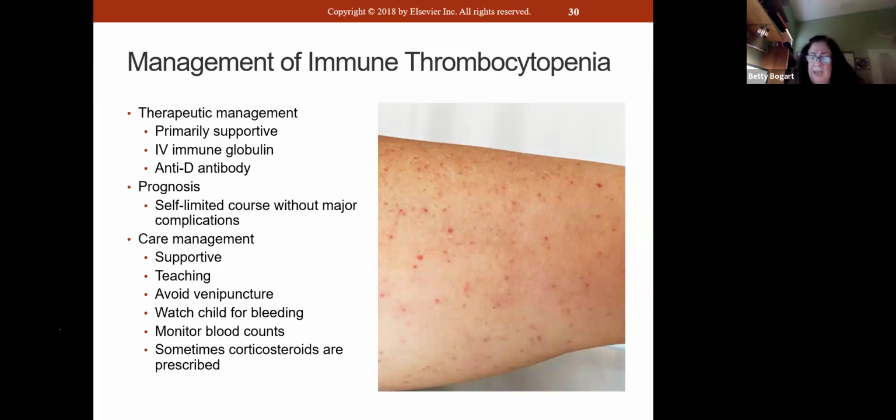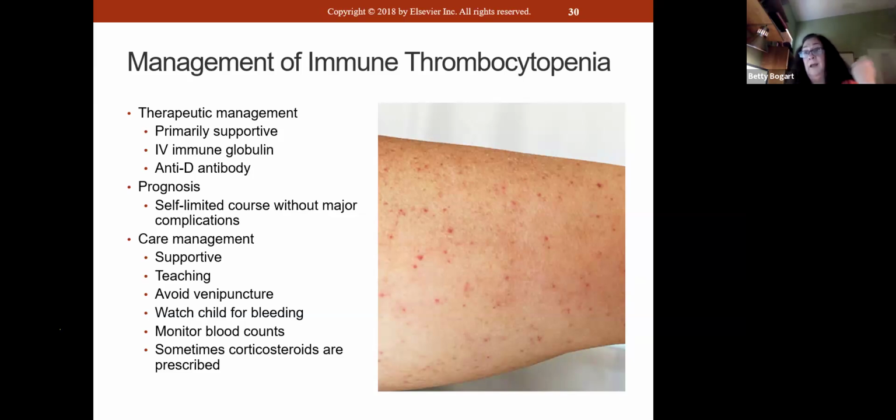Now, you get a child going to the ER, going to be admitted to your floor, and that child has a new diagnosis of ITP. What are you, as a nurse, going to do? Well, what's the big issue? It's all about bleeding, isn't it? So we have to protect them from bleeding.